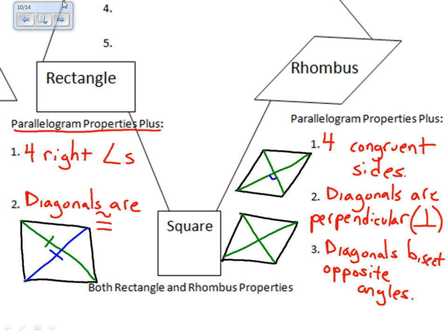So that means that this angle is congruent to that angle. You see how it cuts it in half? And on the other side, this angle will be congruent to that angle. Do you see how it cuts it in half? So see how the line comes in here and splits this angle into 2 equal parts, the top and the bottom? It's also true for the other side.